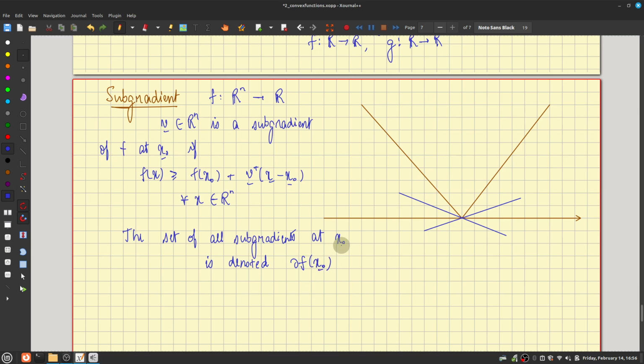We'll use this particular notation to denote the set of all subgradients of f at x naught. For example, if you take f of x equal to norm x, depending on whether you are looking at the L2 norm or the L1 norm or L3 norm or anything else, there could exist infinitely many subgradients at x equal to 0.